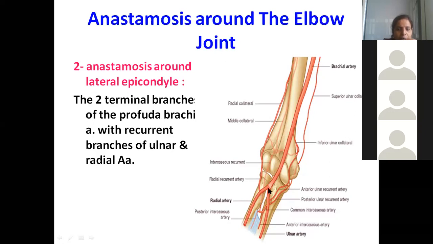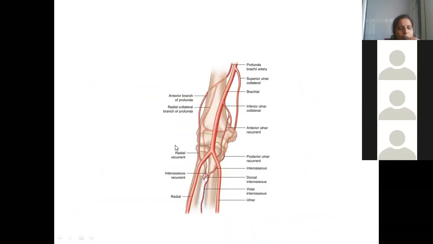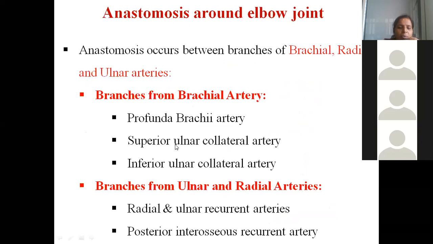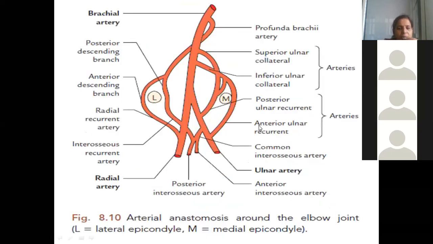Behind we have middle collateral and interosseous recurrent. You read from any of your textbooks. Try to understand the diagram and you can write on your own. So anastomosis is where branches of the brachial artery and branches of the radial and ulnar arteries are joining. Different pictures I have kept, so once you read, you will understand clearly.